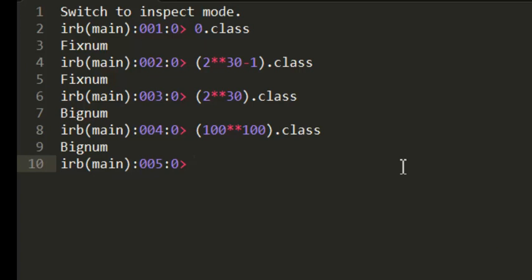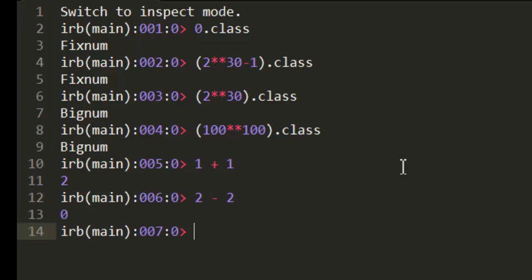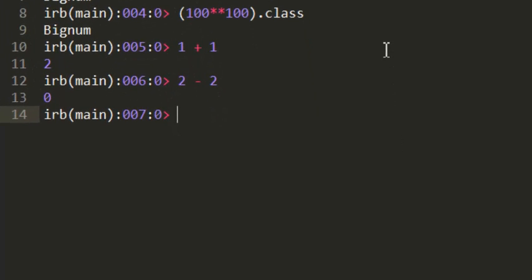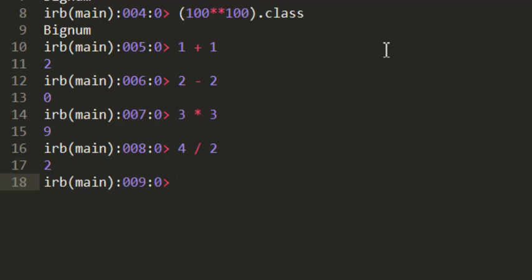We have the usual mathematical operators. For addition, subtraction, multiplication, integer division.